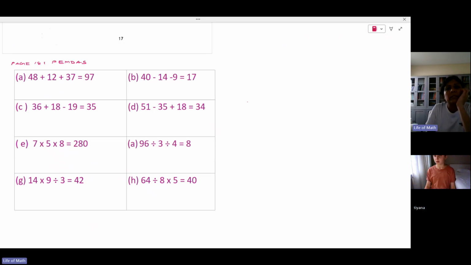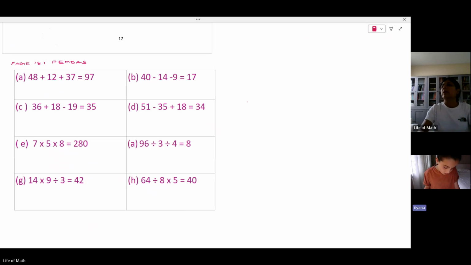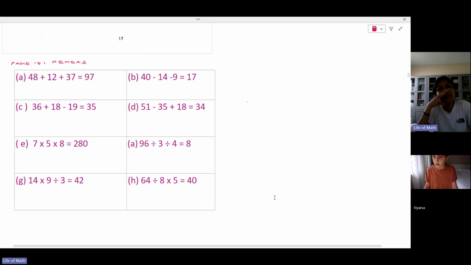You must remember this. And then addition, subtraction. Multiplication and division, whatever comes first from the left side. After we deal with that, then only we do addition and subtraction. Like on 7 times 5 times 8, that is all multiplication. You first multiply 7 times 5 and then times 8, but in this one it's all multiplication, so it doesn't matter.